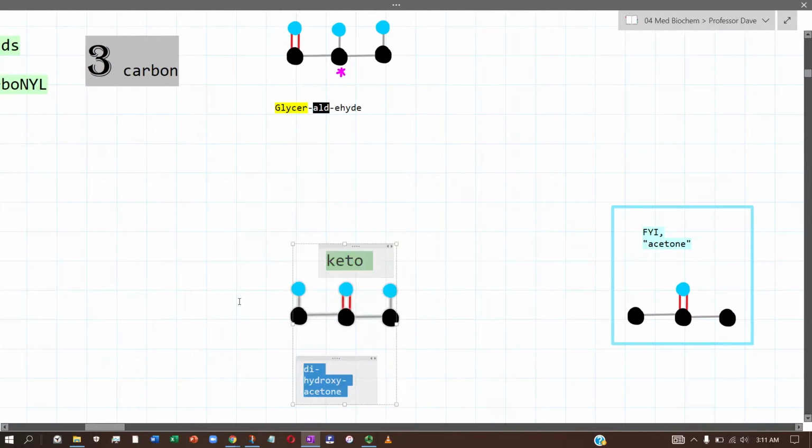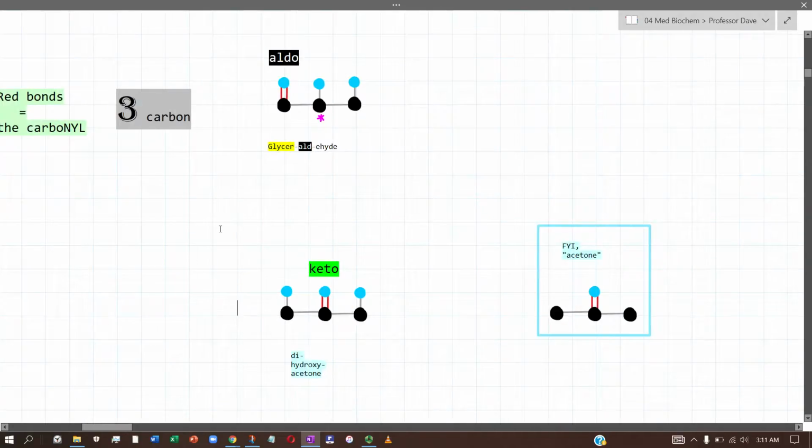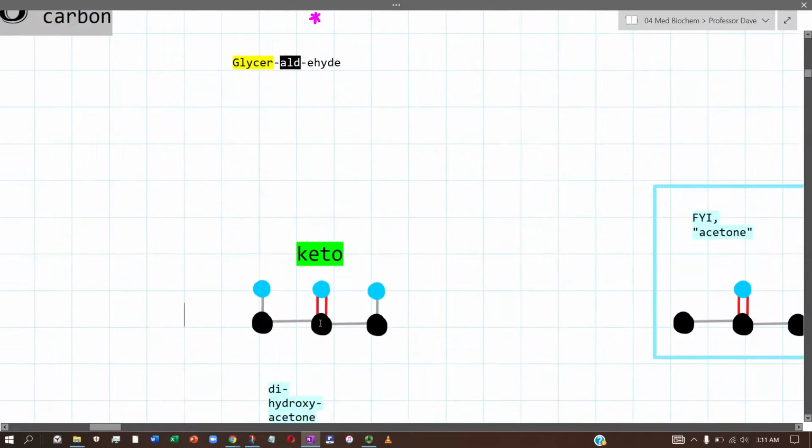Cool. And whenever the carbonyl is not located somewhere at the tips, then that means it's a ketone. And since this sugar has only 3 carbons, it only has one option of where to have the carbonyl away from the extremes, and it's right here in this second carbon.